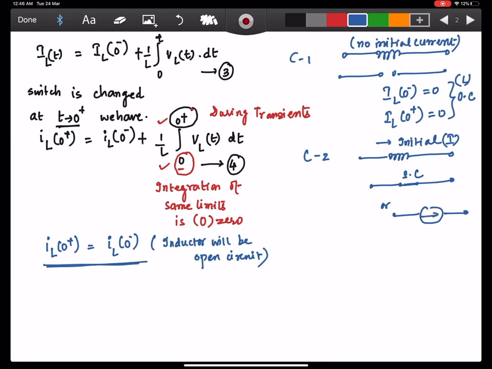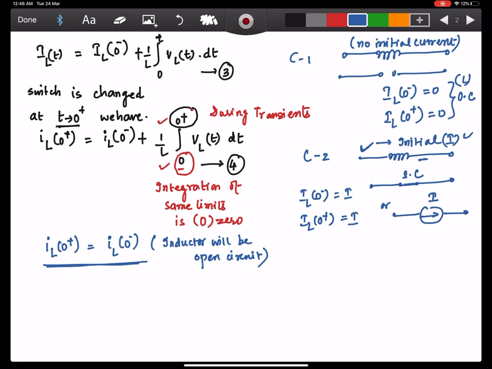This is current source I. Why? Because IL(0-) is equal to I. This is the initial condition, the condition before switching, and before switching we have an initial value of current I. So IL(0-) is equal to I, hence IL(0+) is also equal to I.